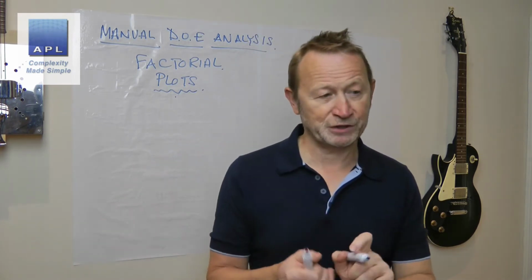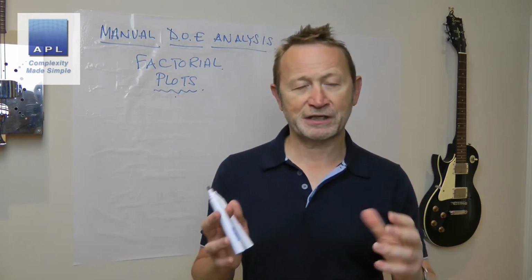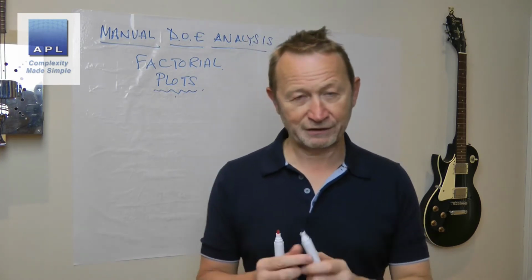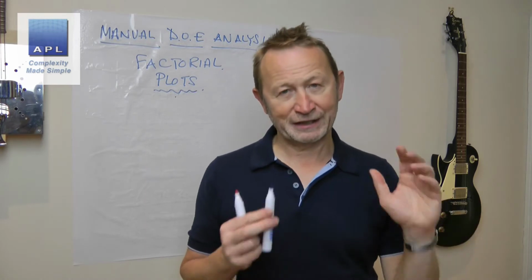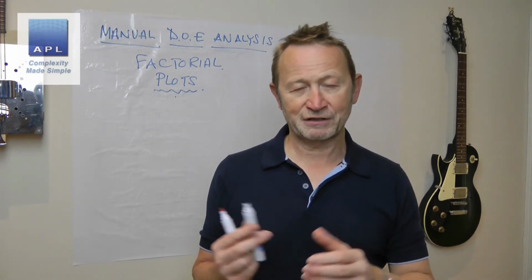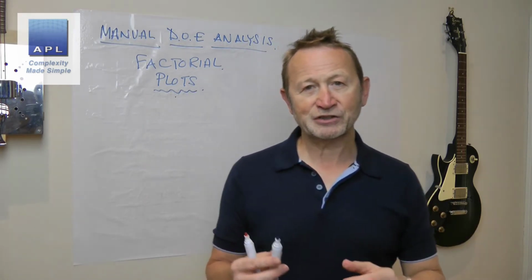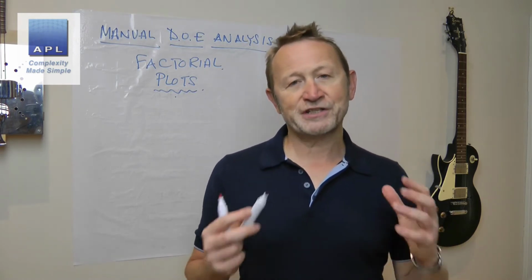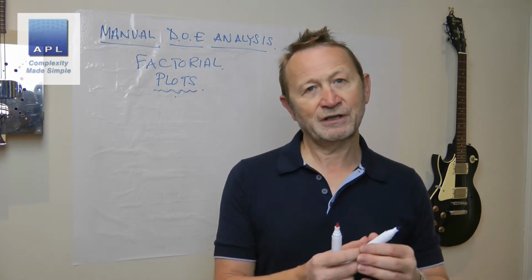Now this comes from a question from a viewer on YouTube. I posted a particular case study where I showed you a welding DOE, and I'll put the link to this case study in the video below, so you can go and take a look. But here is the data set that we created.